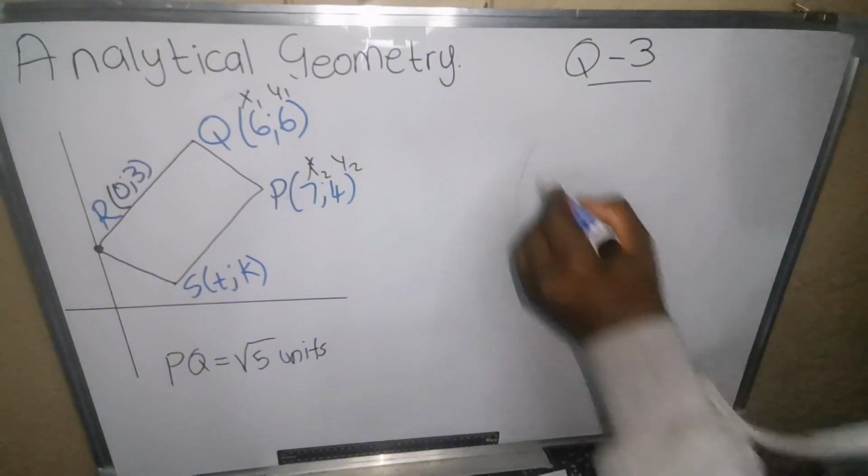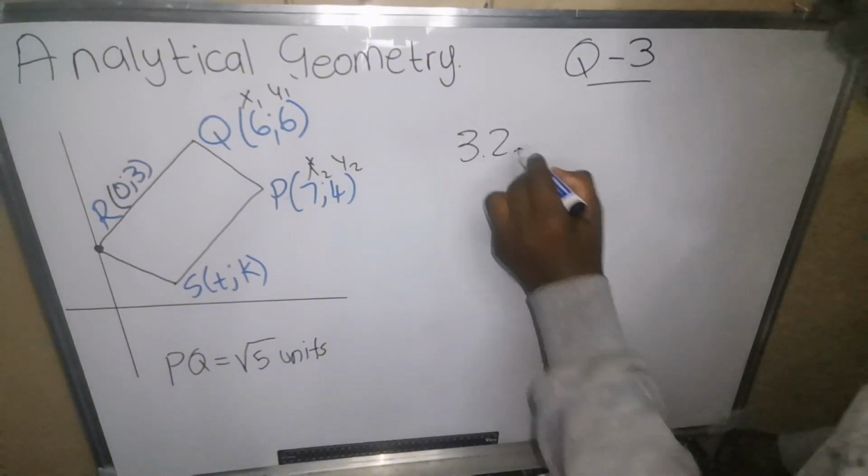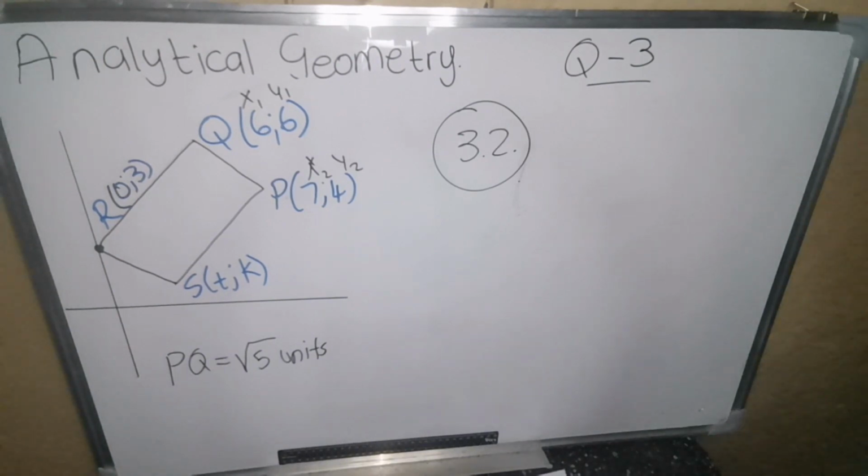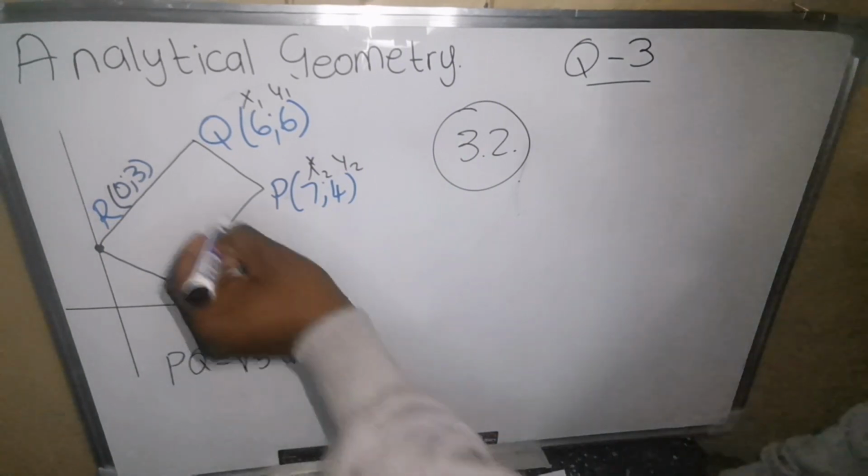Let's go to the next question, 3.2. It says if T, with coordinates 7 over 2 and 7 over 2, is the midpoint of QS. Very important. Determine the coordinates of S. Since they're saying T is the midpoint of QS, here's my QS.